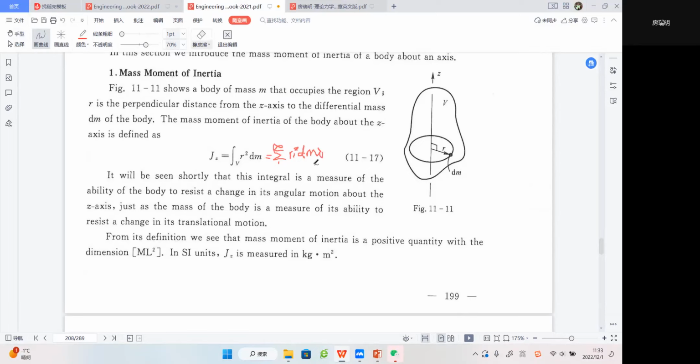So sometimes we can also write it as the sigma of ri squared mi, because i means the number of the mass component of the whole body, mi. This number can be unlimited.